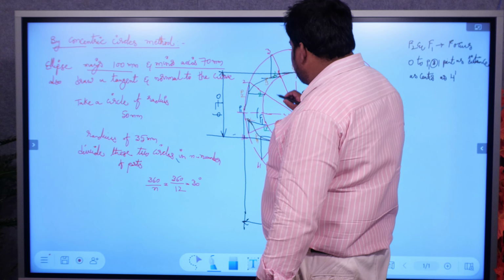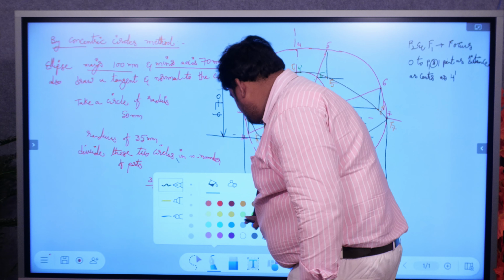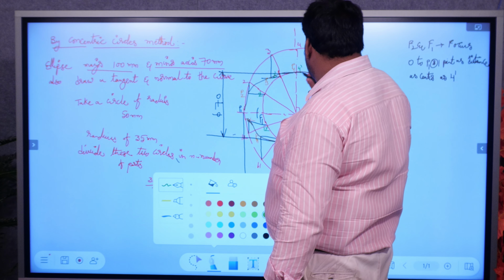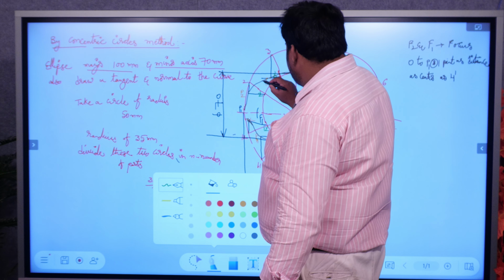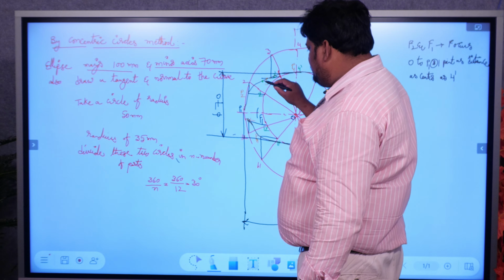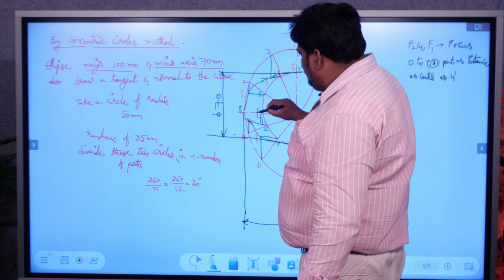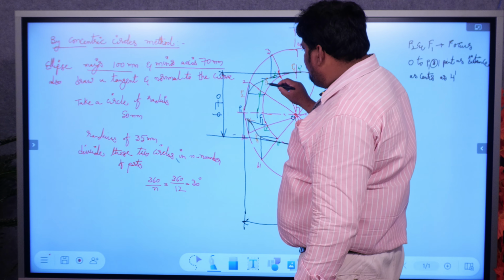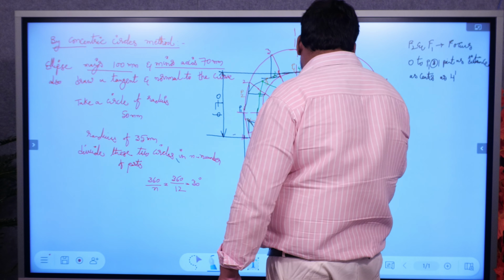Now let us consider one point which is located on this ellipse. From this point we need to draw one line from the focus F1 and another line from the focus F2.